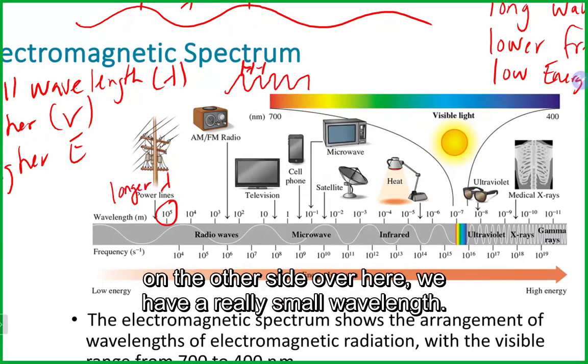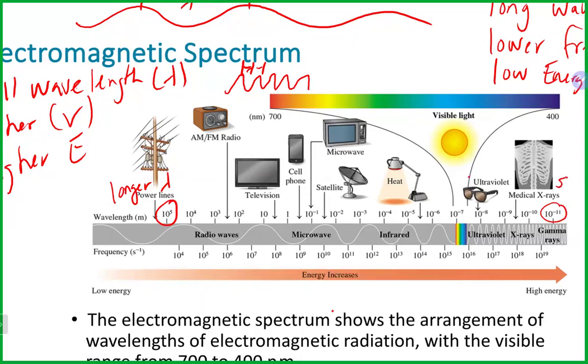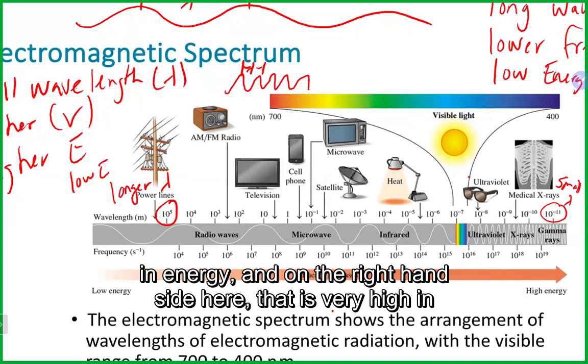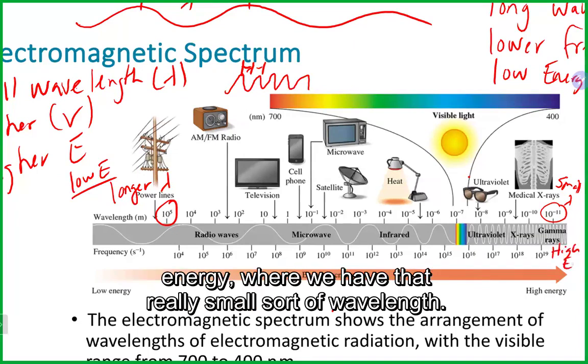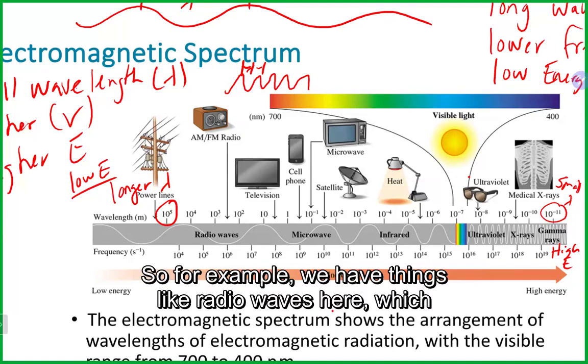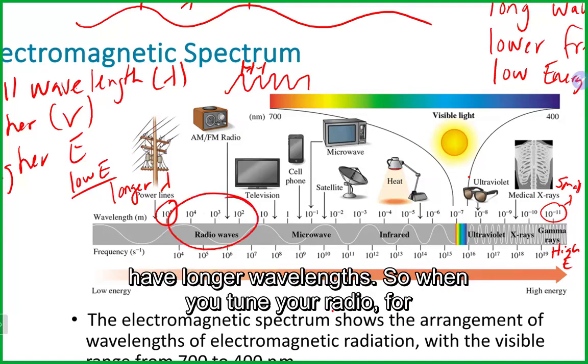And on the other side over here, we have a really small wavelength. And that means on the left-hand side, this is a little bit lower in energy. And on the right-hand side here, that is very high in energy, where we have that really small sort of wavelength. So for example, we have things like radio waves here, which have longer wavelengths.